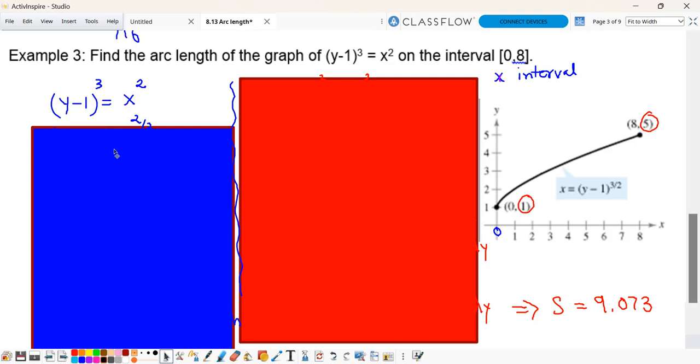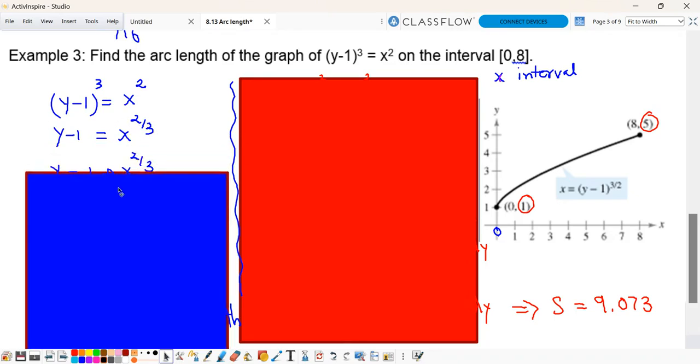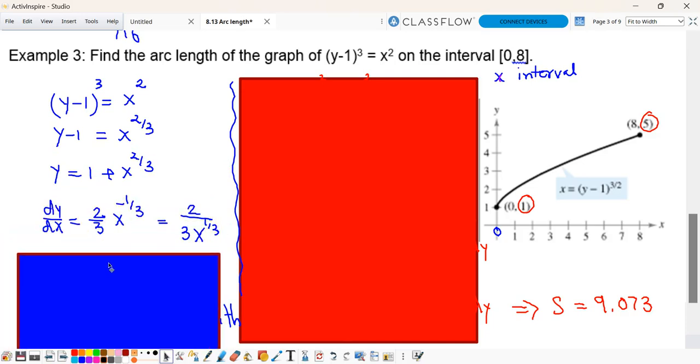I'm solving for y. So take the cube root, which is x to the 2/3, add 1 and find the derivative. dy/dx is 2/3 x to the negative 1/3. Remember, you subtract the power. Negative exponents, you should realize why I always ask you to bring it down.